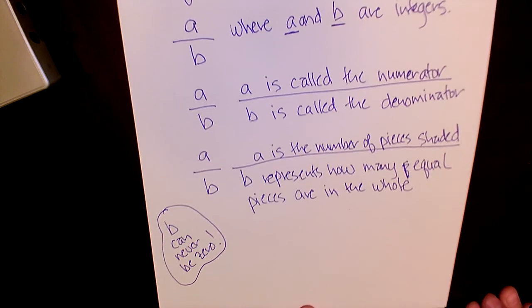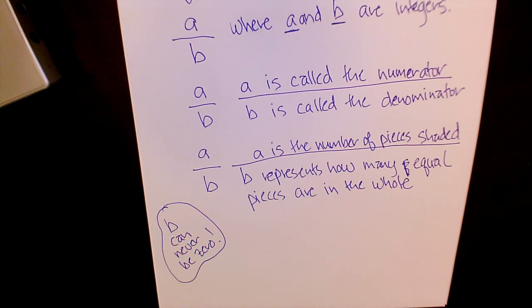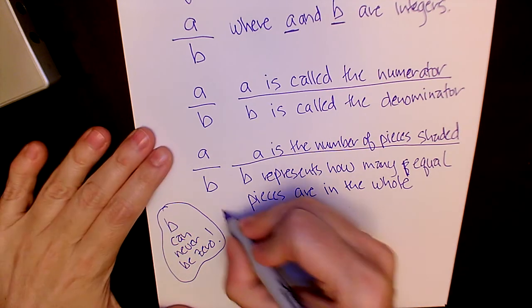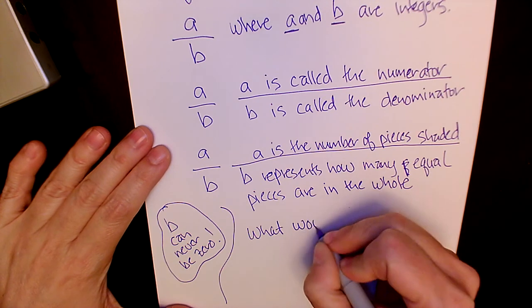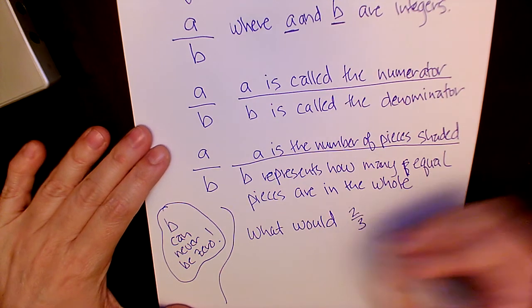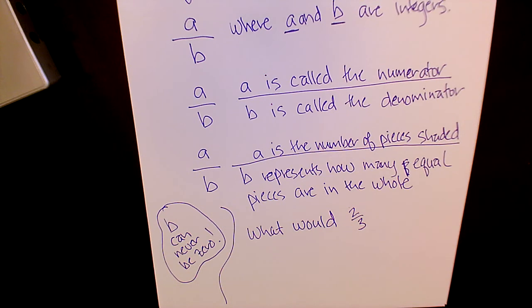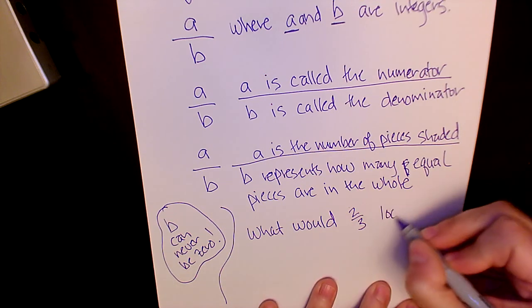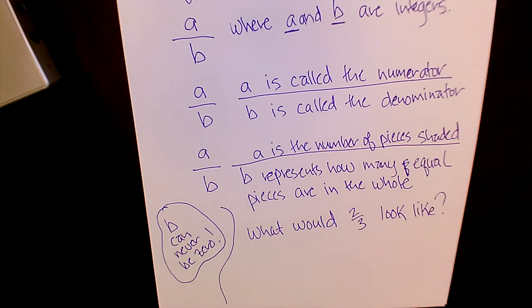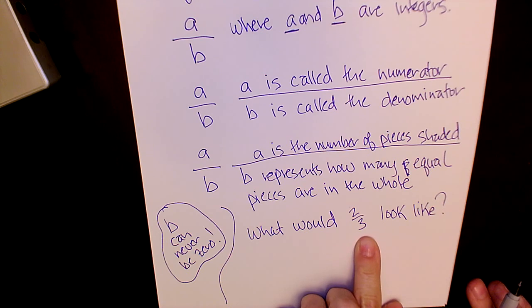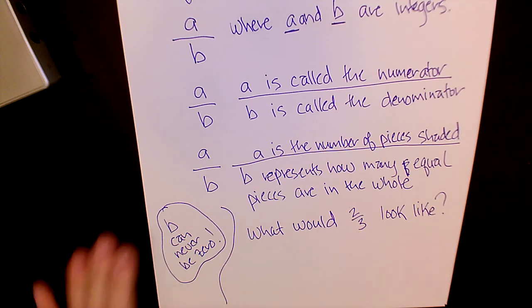Okay, so let's take a look at what a picture of a fraction looks like. So what would the fraction 2/3 look like? Okay, so 3 is the denominator, and that's how many equal parts there are.